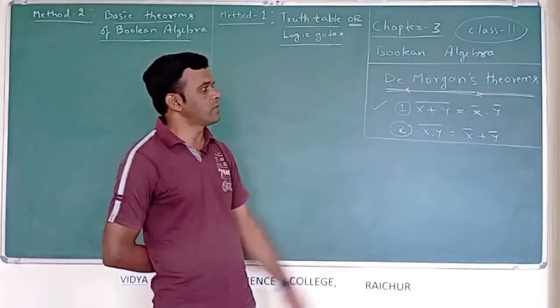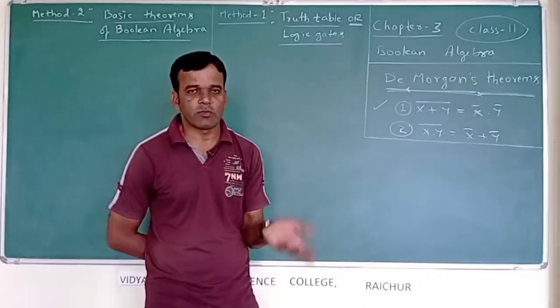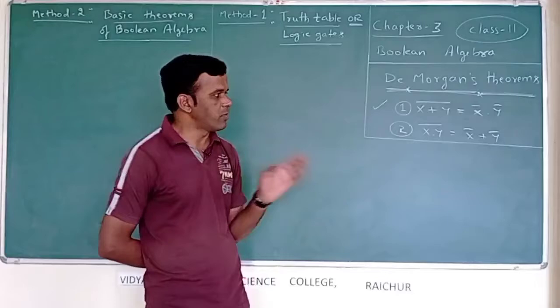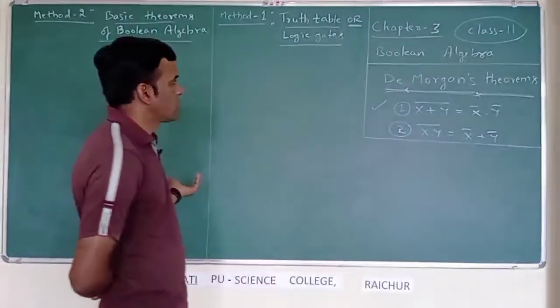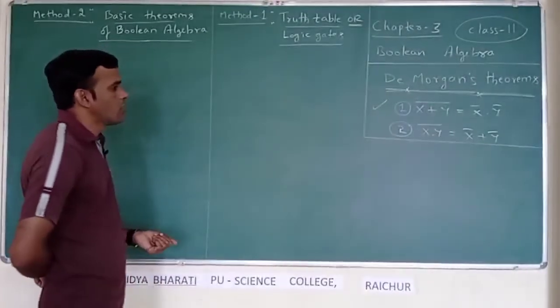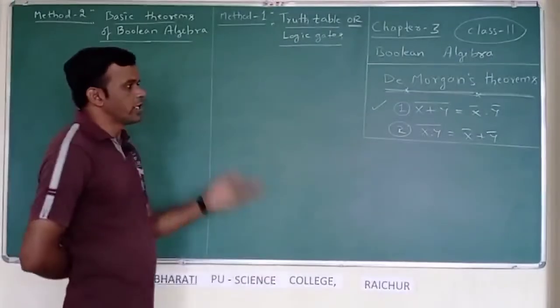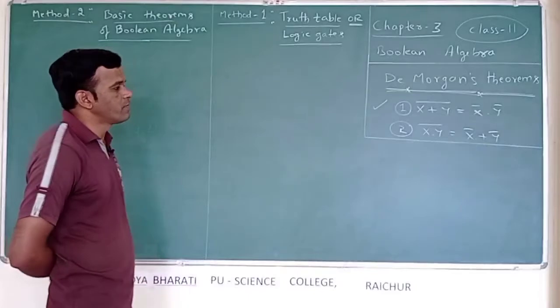So this is an expression, and the expression is better to remember: x plus y whole bar is equal to x bar into y bar. First we will consider the truth table or logic gate method to prove x plus y whole bar equals x bar into y bar.